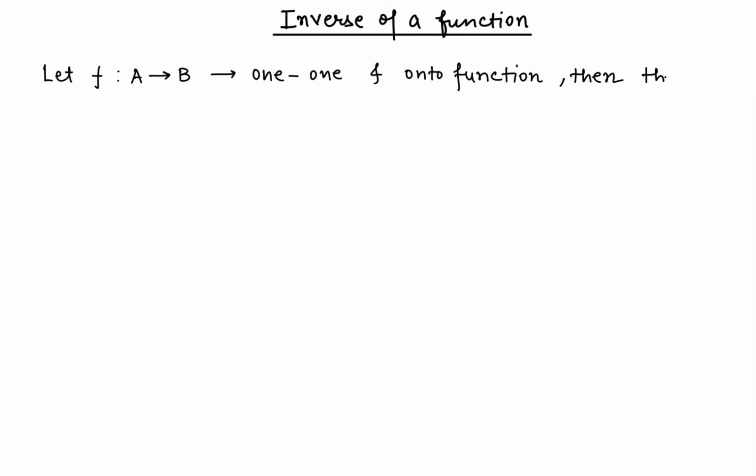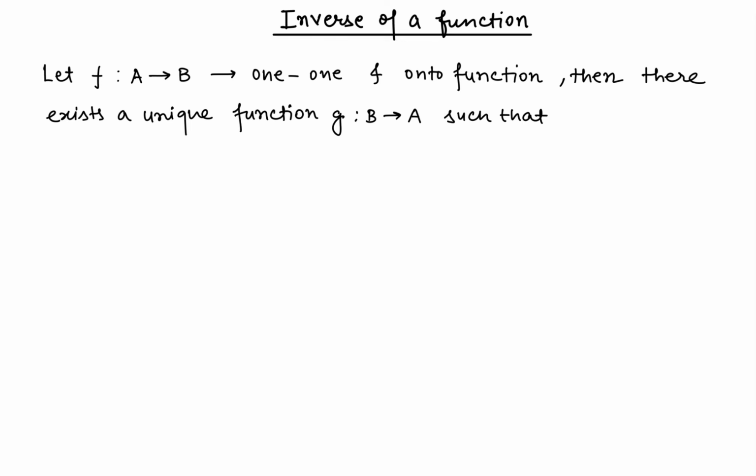Then there exists a unique function g from B to A, such that f of x is equal to y. It will imply g of y will be equal to x for all x belongs to set A and for all y belongs to set B.